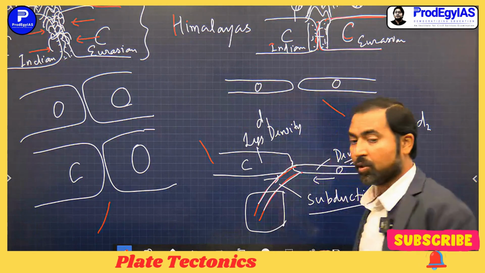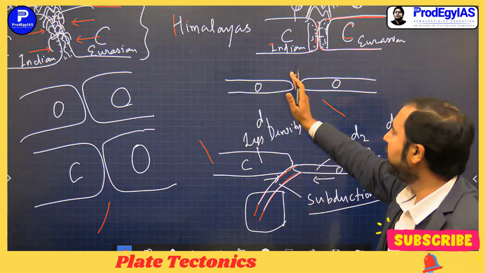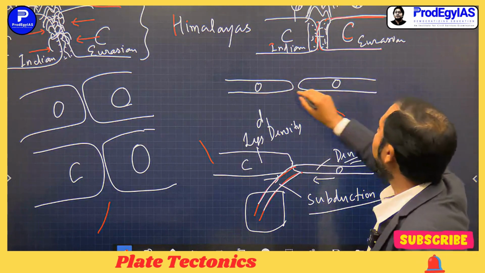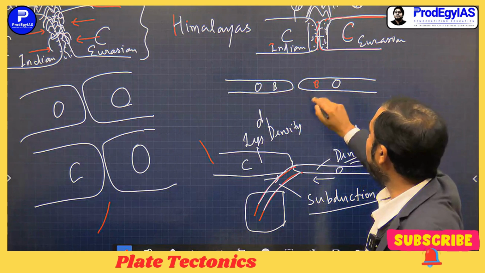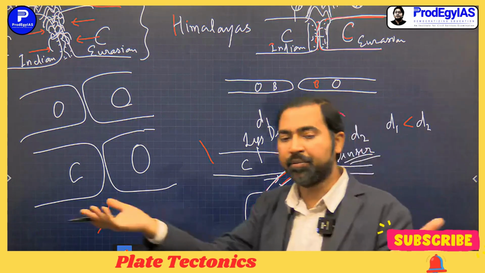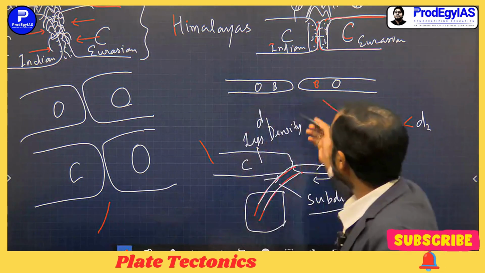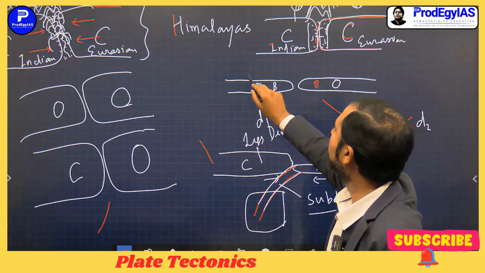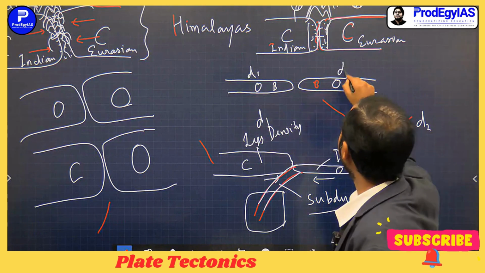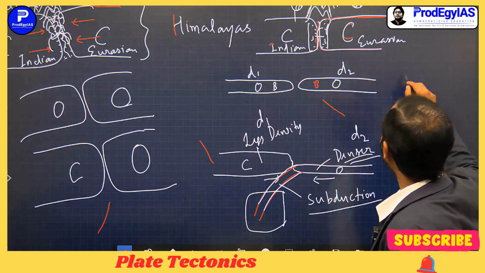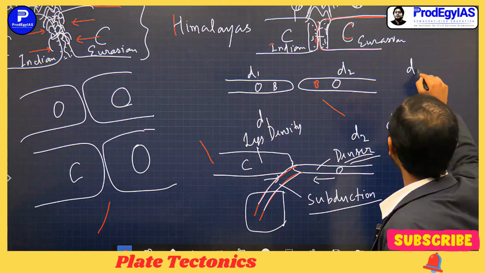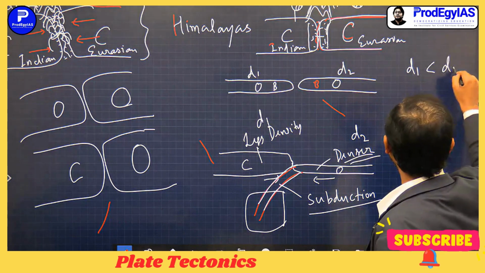Here are the chances of subduction because both the plates, though they are dense material plates, basalt, but basalt are of many types. Here the density could be more, means it could be D1, it could be D2, where D1 is less than D2.